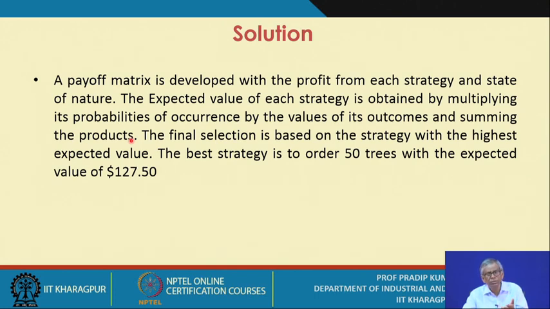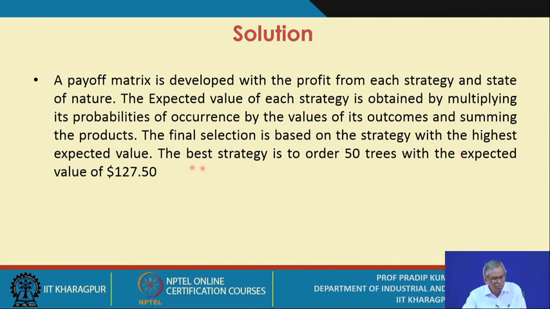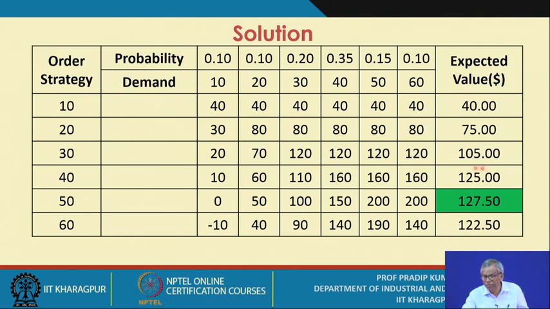In this case it is a sell situation, so in terms of the profit you get the expected payoff. The final selection is based on the strategy with the highest expected value. I have already pointed out, the best strategy is to order 50 trees with the expected value of 127.50.